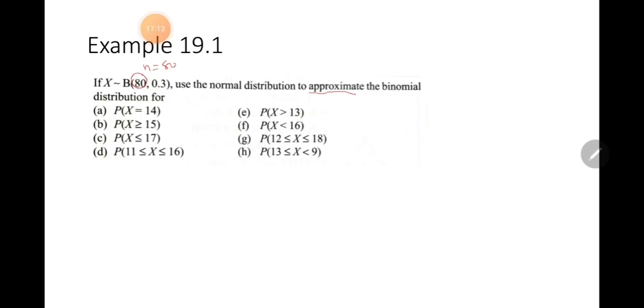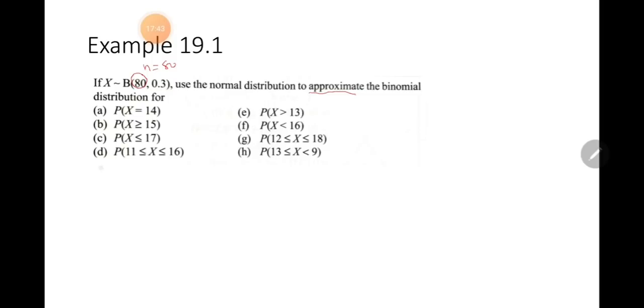But in a real situation, it is better to have the exact binomial distribution, because when you approximate, there will be some error, some deviation from the true probability. It won't be as precise as the binomial distribution, of course.